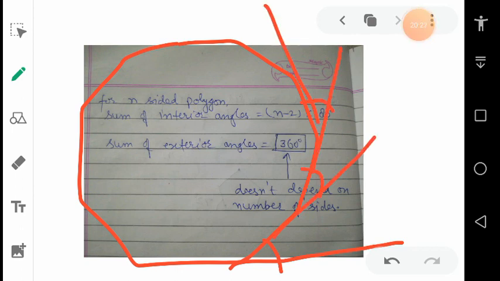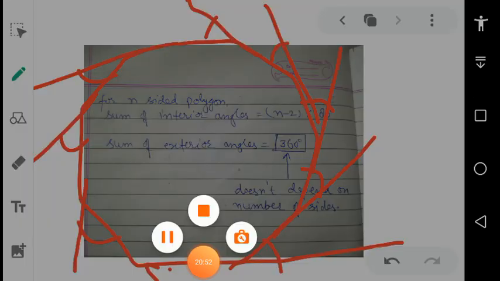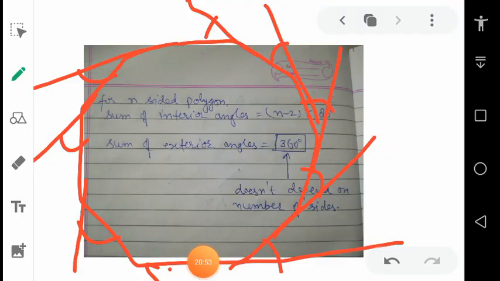In this way, if you extend the sides, you can get all exterior angles. So there are 10 sides, meaning 10 exterior angles, and 10 interior angles also. In this way you can create exterior angles, and the sum of these will always be 360, it does not change. Okay, so I hope you got the information.